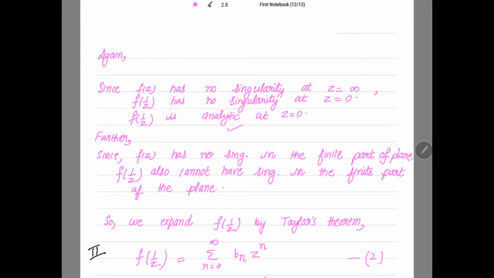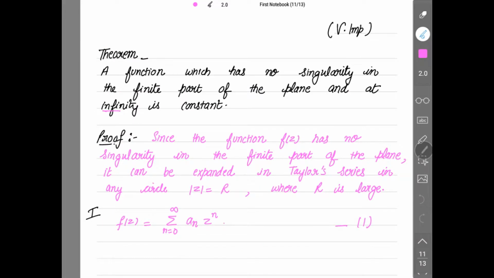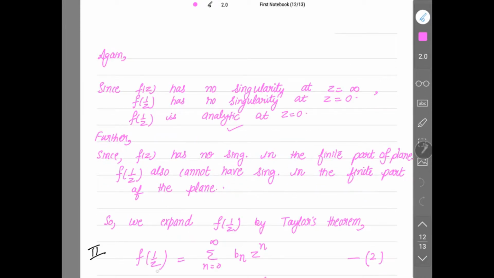Mark this as 2. In the first, we have written f(z) in the Taylor form, having the coefficient a_n, and then I have written f of 1 by z in the Taylor form, having the coefficient b_n, right?